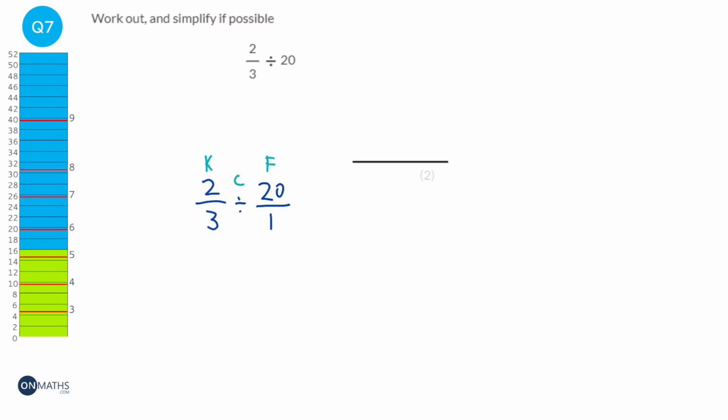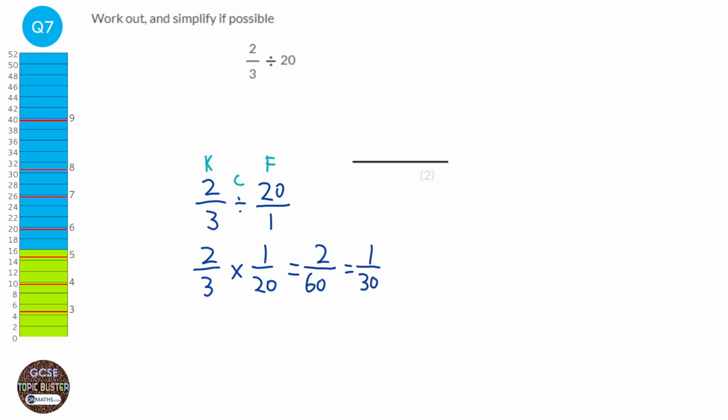So we're going to keep the first fraction as 2/3, change the divide to a times, and flip the second fraction. Then we multiply the tops and multiply the bottoms. We can actually halve top and bottom here, and it does ask us to simplify it if possible. So our answer is 1 over 30.